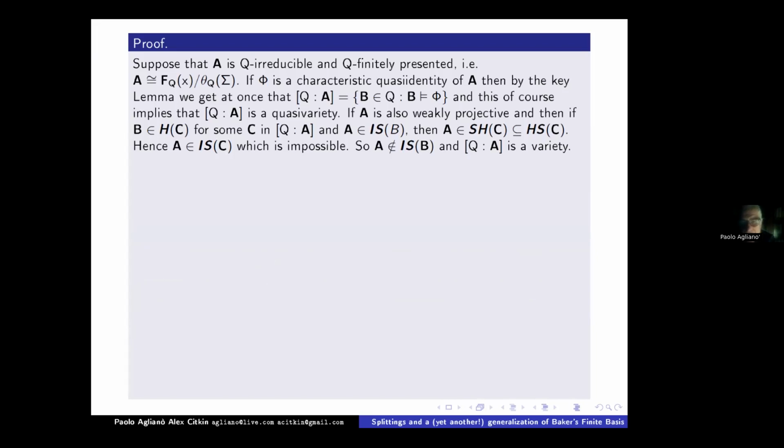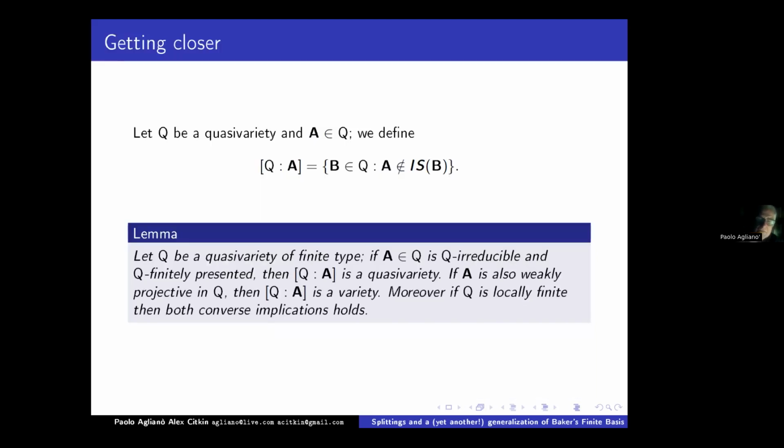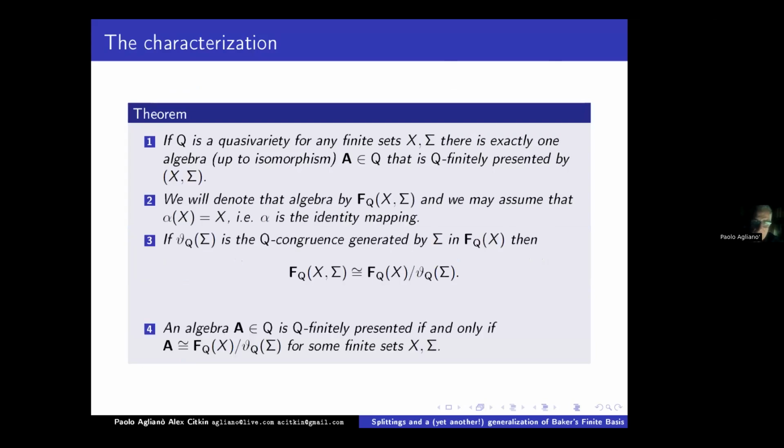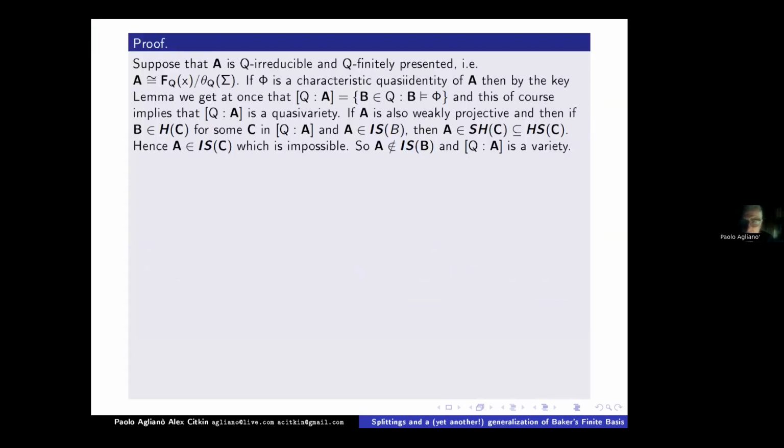So let's take the characteristic quasi-identity of A, and we had this lemma: if an algebra A is Q reducible and Q finitely presented, then for every algebra B in Q and for every phi which is a characteristic quasi-identity, B is not a model of phi if and only if A is a subalgebra of B. Using this, it's almost straightforward. We get at once that this is just a class of models of phi, and since phi is a quasi-equation, this is a quasi-variety.